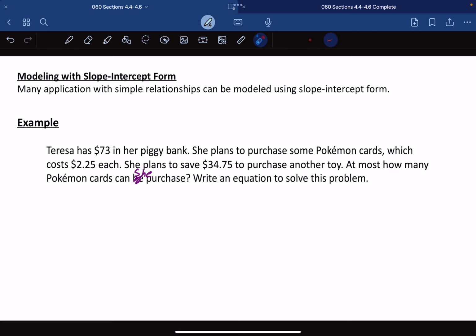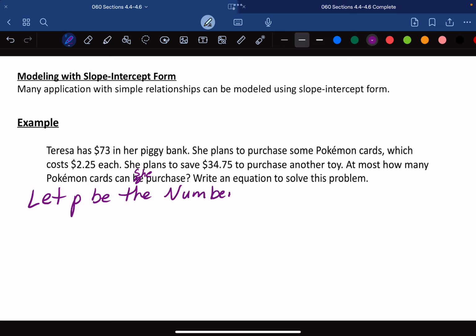And we're going to write an equation to solve this problem. I'm going to start by identifying our variable. I'm going to say let P be the number of Pokemon cards purchased.